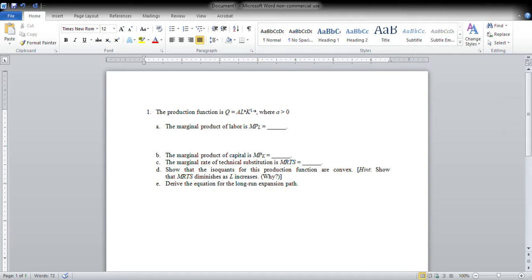So that means our marginal product of labor, MP subscript L, equals A, which is our unit, times AL, average labor.